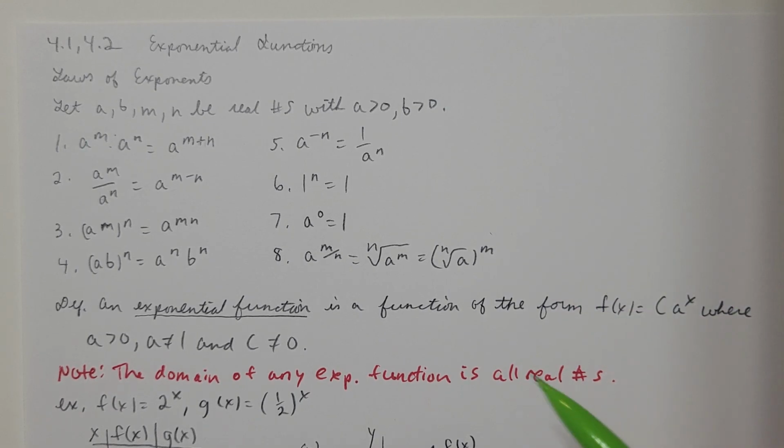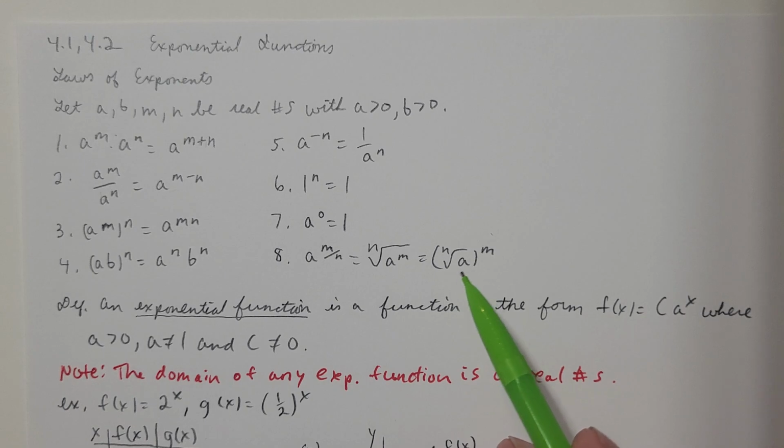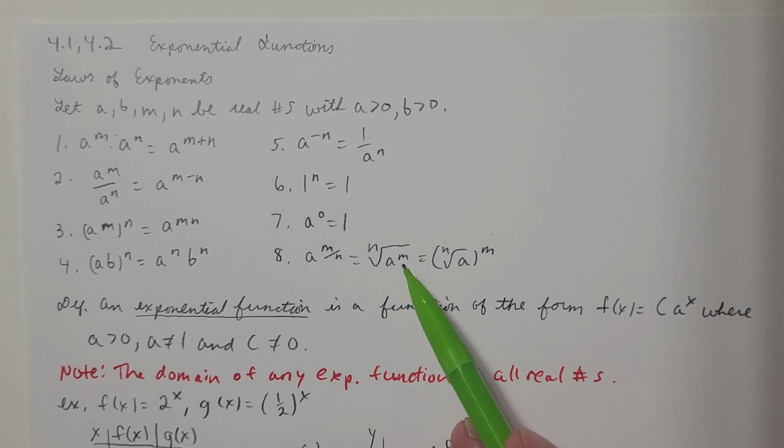Now, this alternate formula is kind of a preferred formula in general, because depending on the actual numbers for a, m, and n, if a to the mth power is some really big number, now you have to know the nth root of it off the top of your head, and that can be a difficult problem.